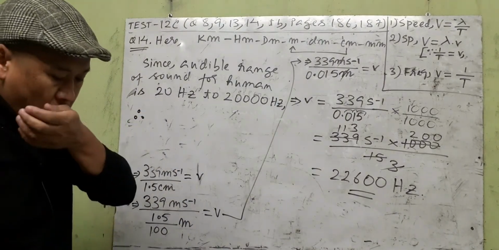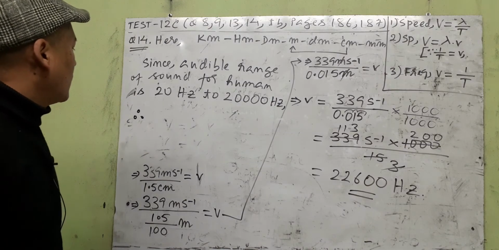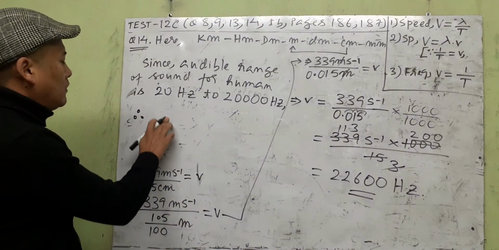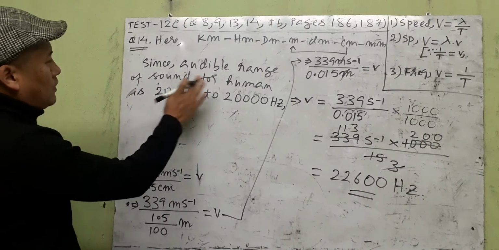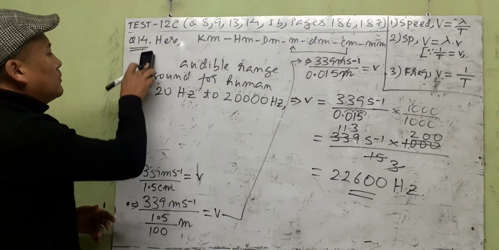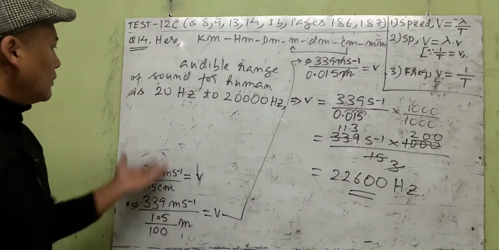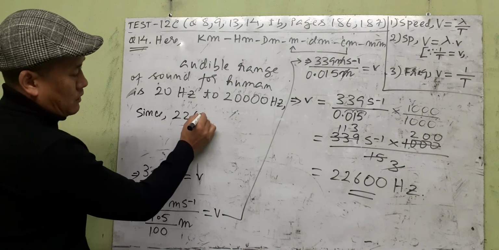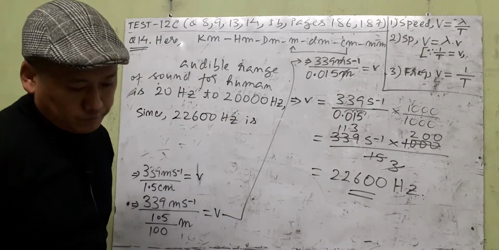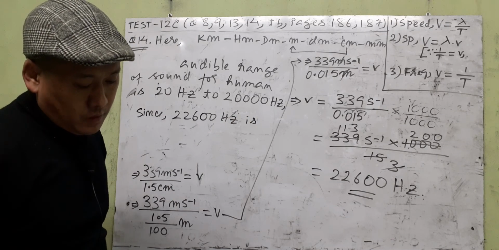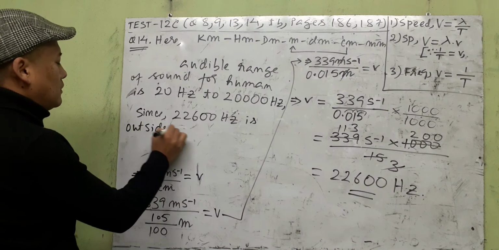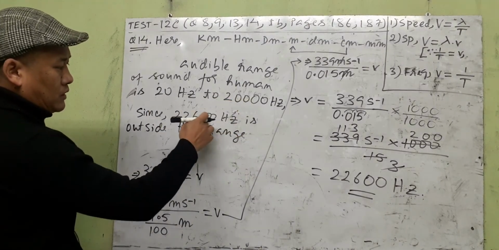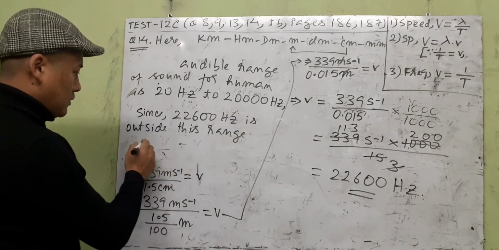Therefore, you can say, therefore, or you can just write in the reason form, since, okay, you avoid this since here, then audible range, like that, you write, we know audible range, and then now our answer part, since 22600 hertz is outside this audibility range for human beings, it's beyond 20,000.